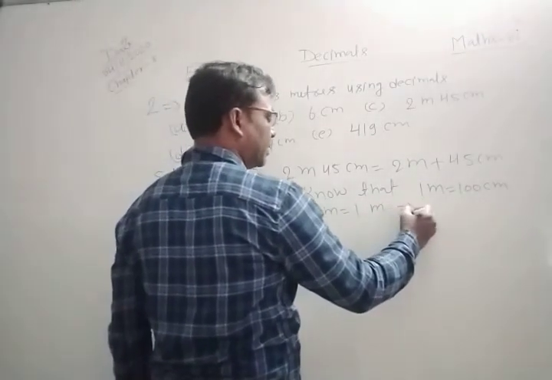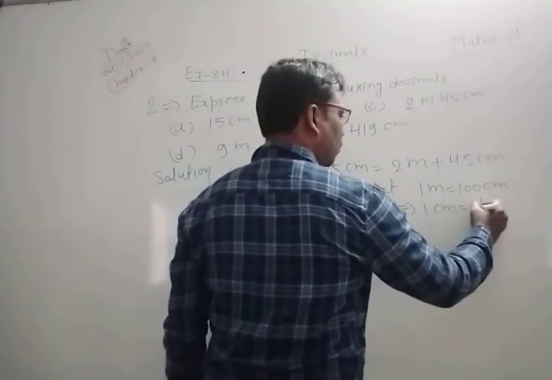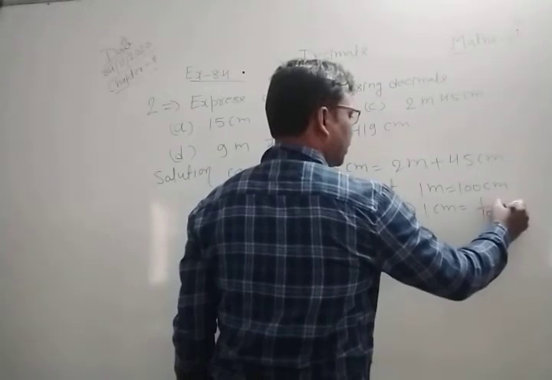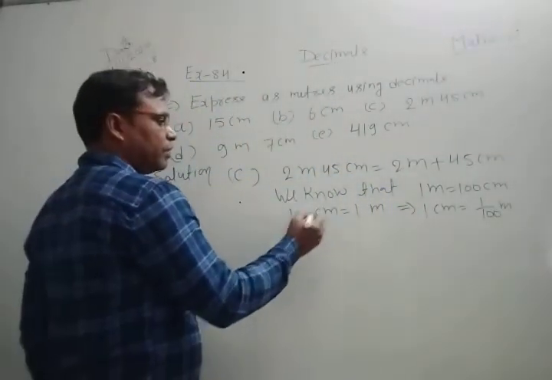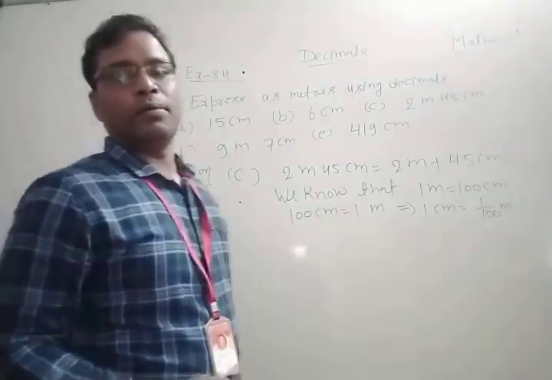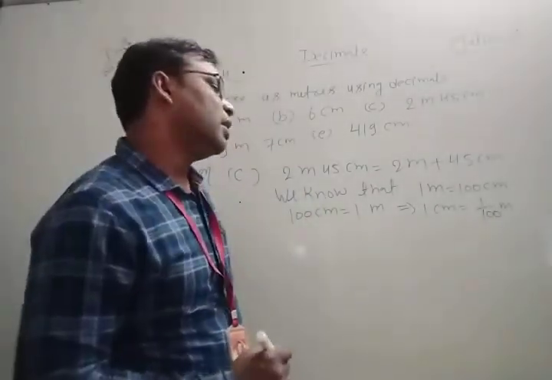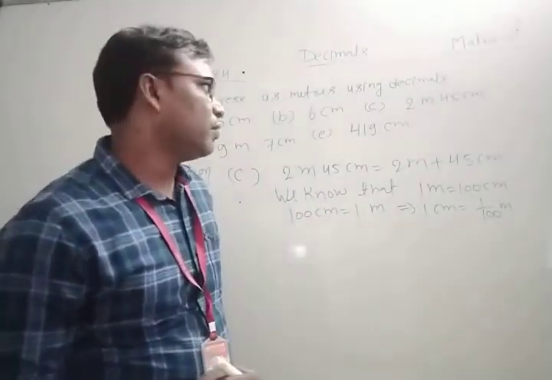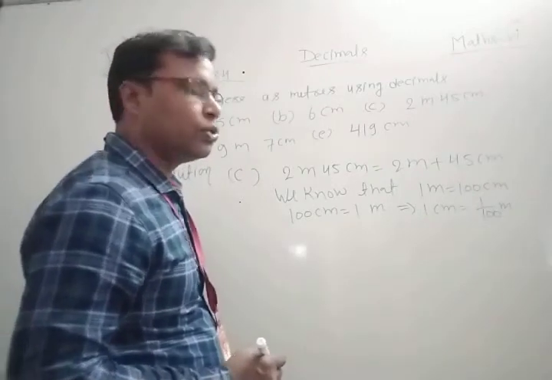This implies that 1 centimeter is equal to 1 upon 100 meter. Now if you divide 1 by 100, then we obtain 1 centimeter is equal to 0.01 meters.